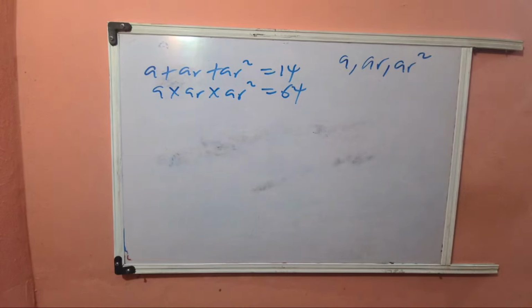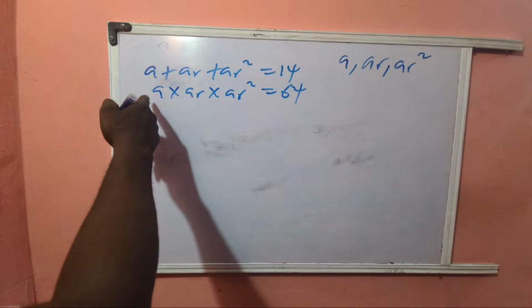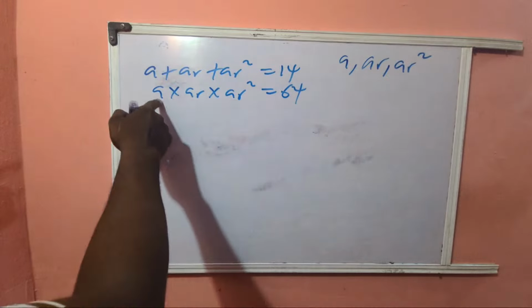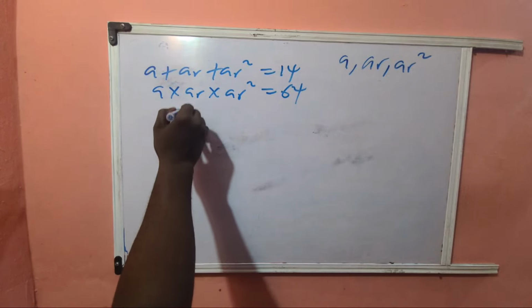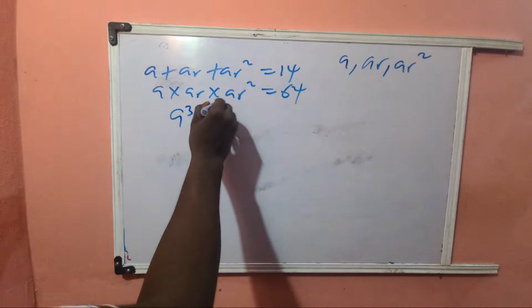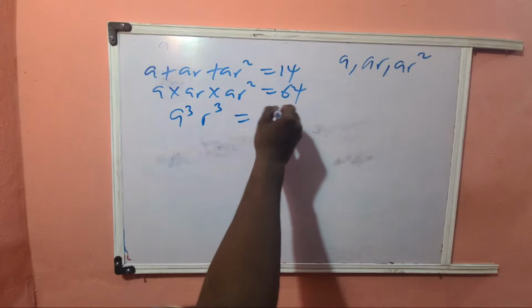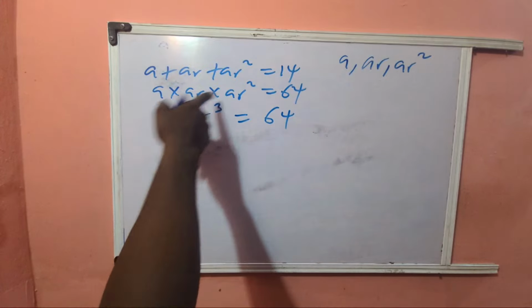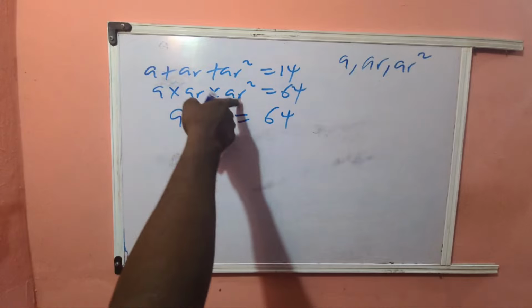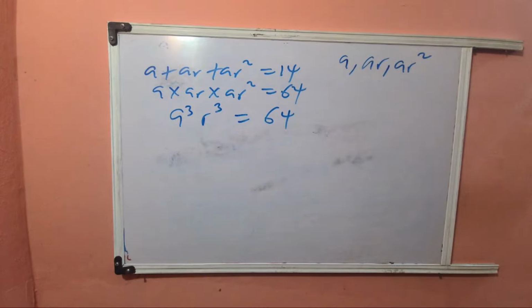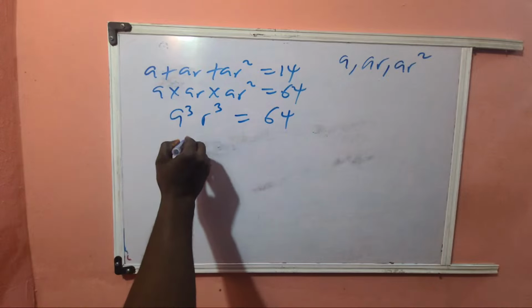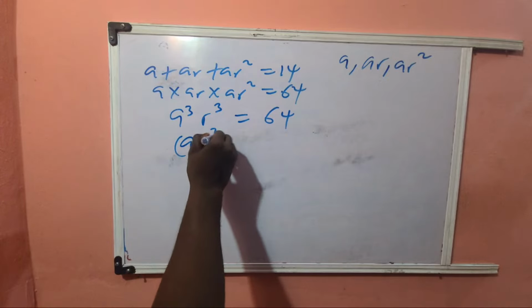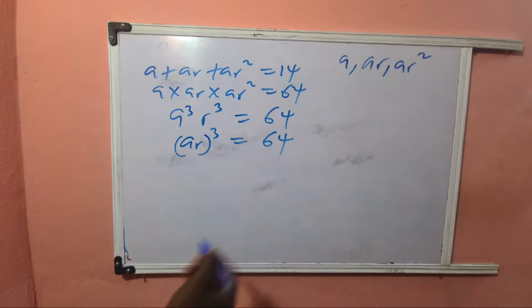All right, very important that you note all this. Let's move from this product. a times ar times ar squared is what? This would be a cubed, r cubed. I'm sure you agree with me because a times a times a is a raised to power 3, and r times r squared is r cubed. Now we can also write this as ar raised to power 3 equals 64.